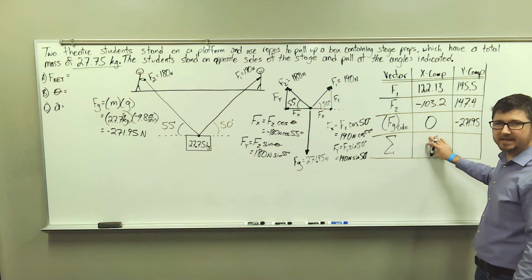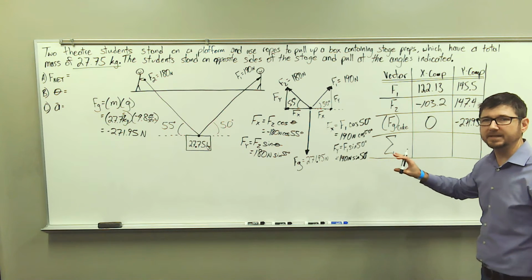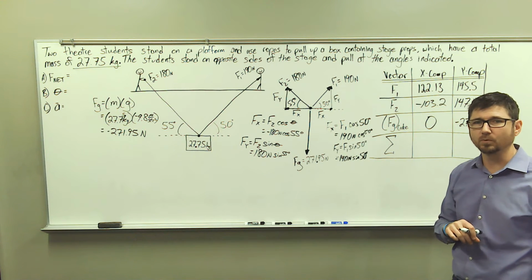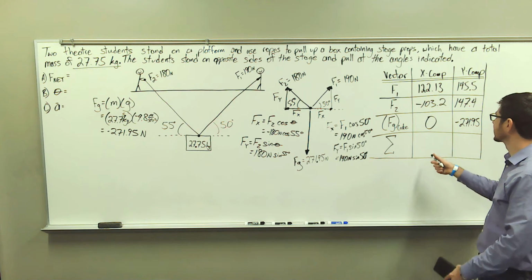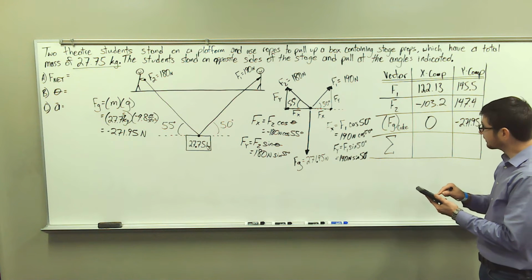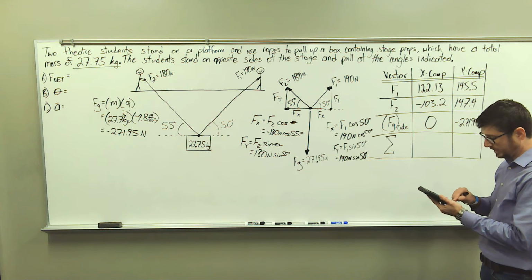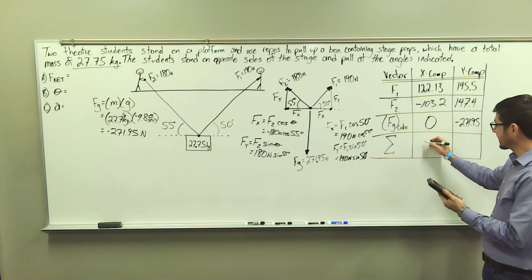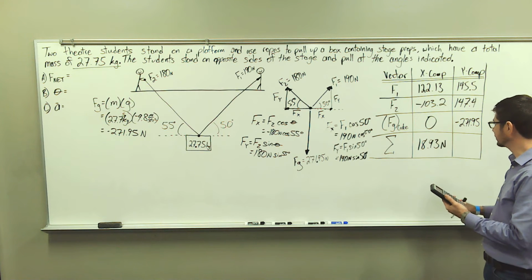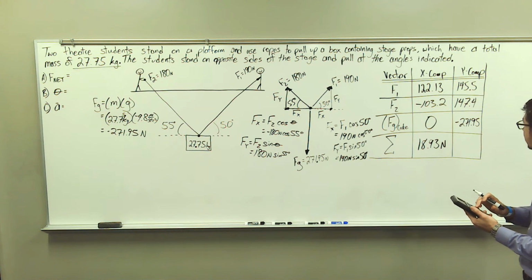When we get the answers down here, these are going to be the x and y components for our resultant vector. So, for x, 122.13 minus 103.2, I get a positive 18.93 newtons.